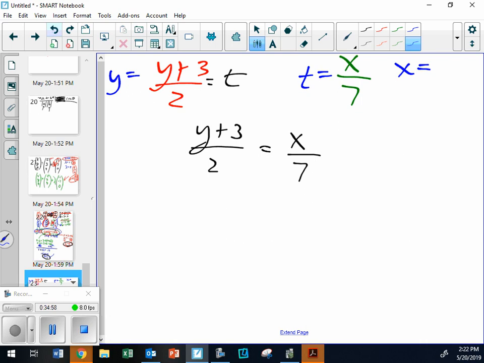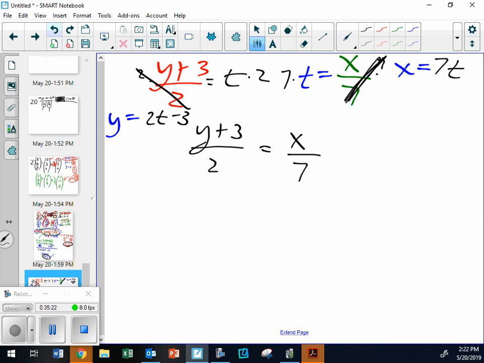So I'm trying to solve this for y equals. I would end up multiplying both sides by 2 and then subtracting 3, 2t minus 3. And over here, all I've got to do is multiply both sides by 7, and x equals 7t.